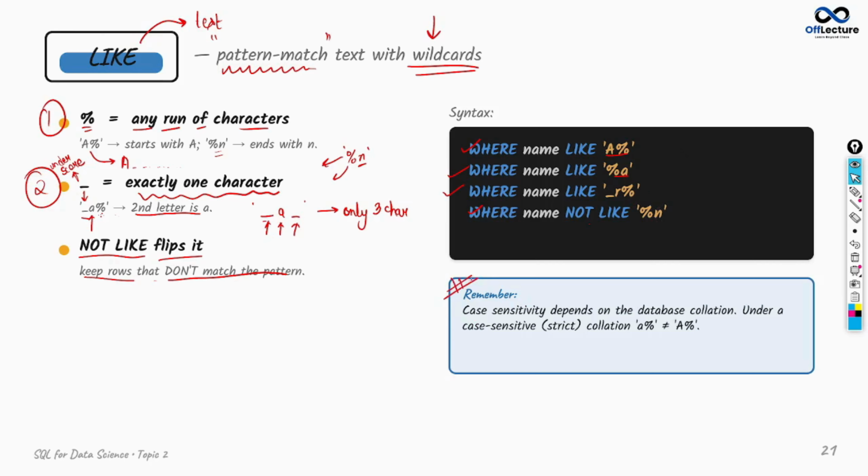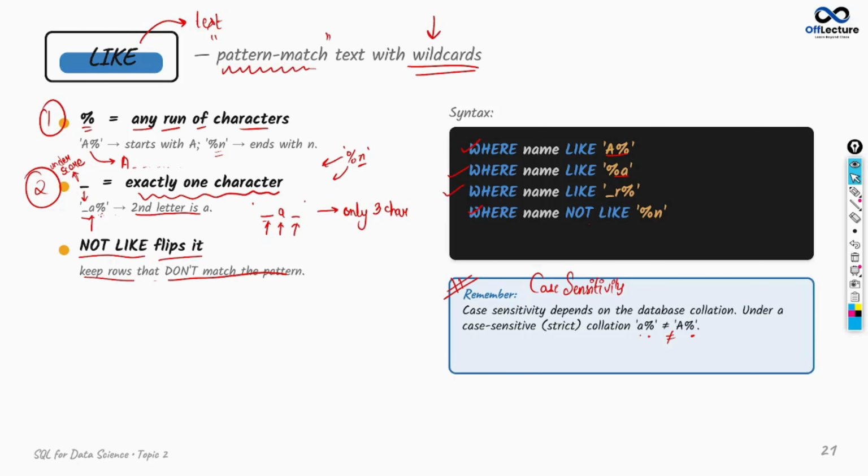And always remember the case sensitivity. Case sensitivity depends on the database collation. Under a case-sensitive or strict collation, small a percent will not be equal to capital A percent. That is, if the database collation has a case-sensitivity constraint, then small a percent will not equal uppercase A percent.